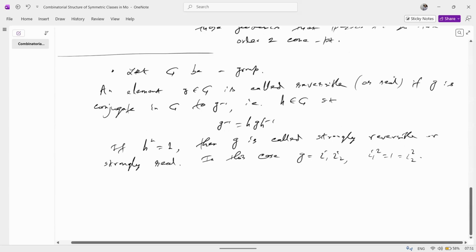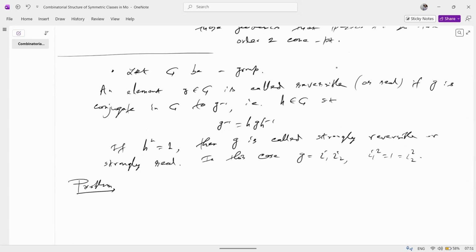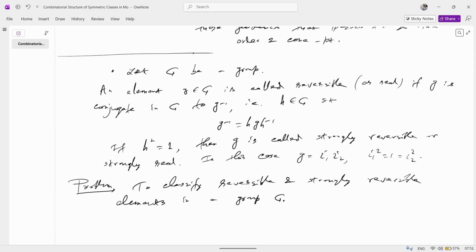So now a general open-ended problem is to classify reversible and strongly reversible elements in a group G. G can be any group. This is a general theme of research that appears in many branches of mathematics.